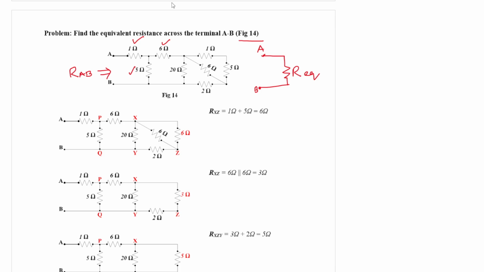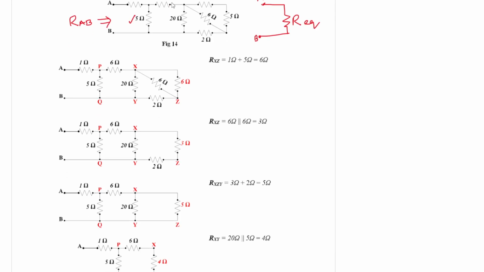Now let us first name these nodes. Let this node be P, this node Q, this node X, this node Y, and this node Z.